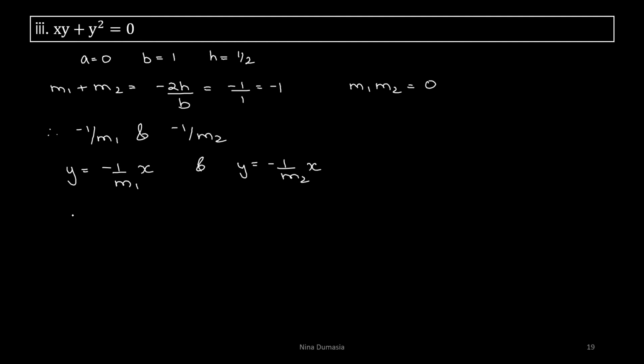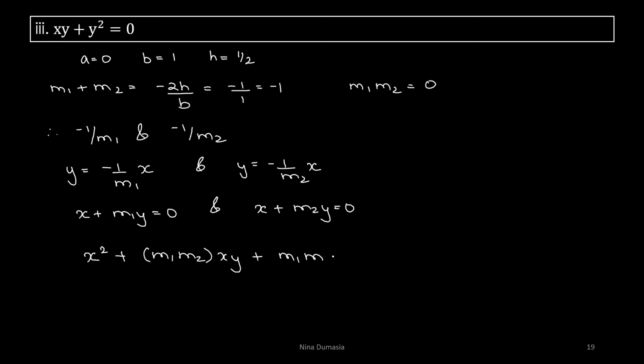Combining these, we will get the lines x plus m1y is equal to 0 and x plus m2y is equal to 0. On multiplying we get x square plus m1 into m2 xy plus m1 into m2 y square is equal to 0.